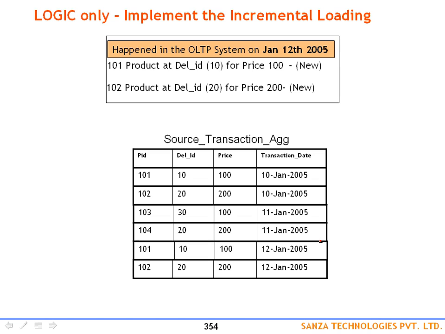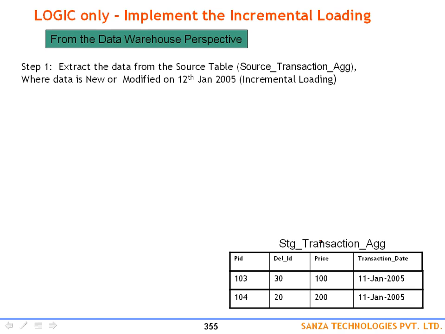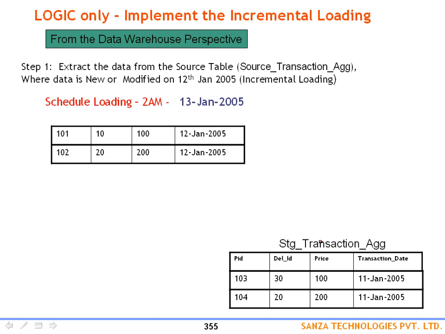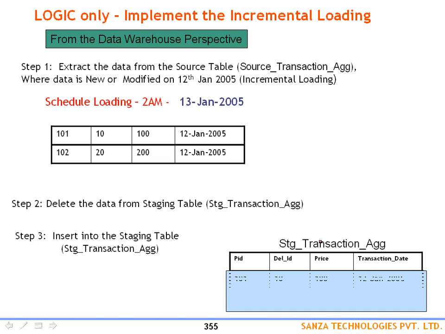Now, what does the mapping do? Get the dates. On 13th January, next day, 8 AM, you extract the data from the source, which transactions have been created on 12th January 2005. Before you load, you delete the data in the staging.